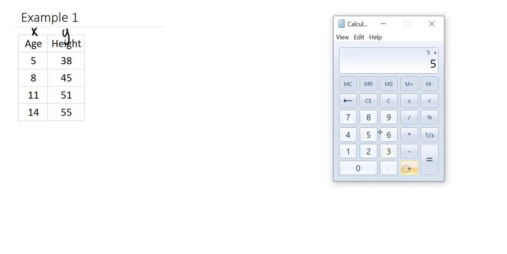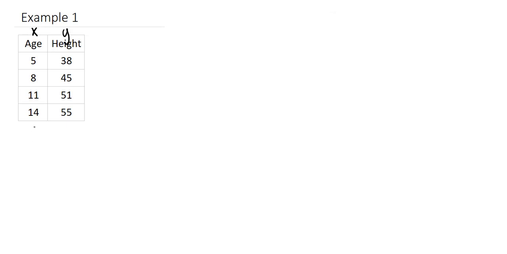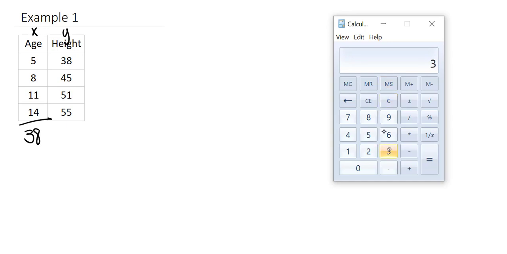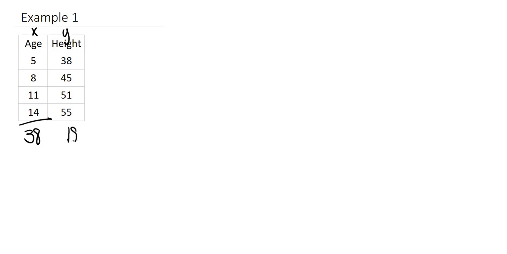So 5 plus 8 plus 11 plus 14, which is equal to 38. Then let's go ahead and add up all the heights. So 38 plus 45 plus 51 plus 55, which is equal to 189.